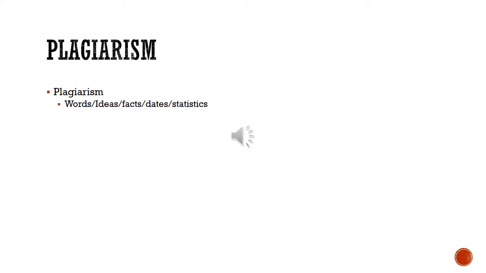So plagiarism could be words, ideas, facts, dates, statistics which we get from other sources, and if we don't mention where we have got them, that can lead to plagiarism.